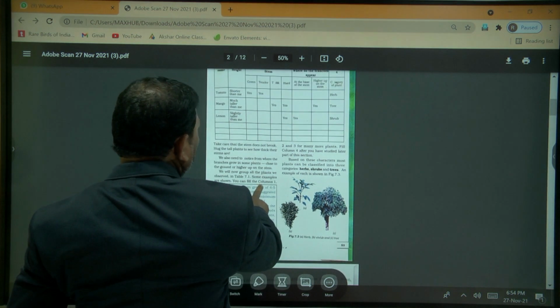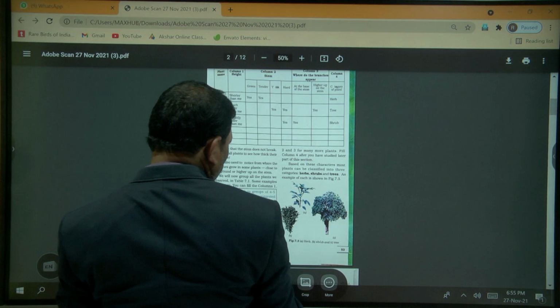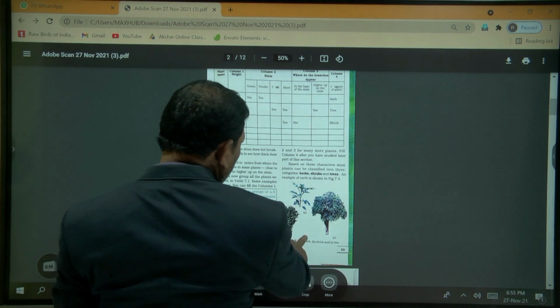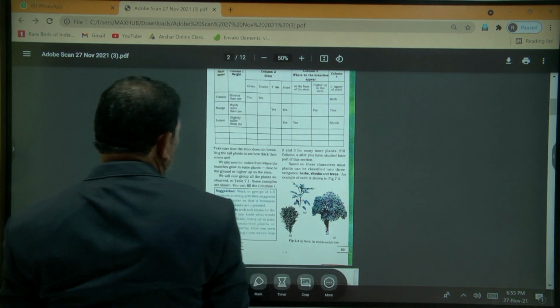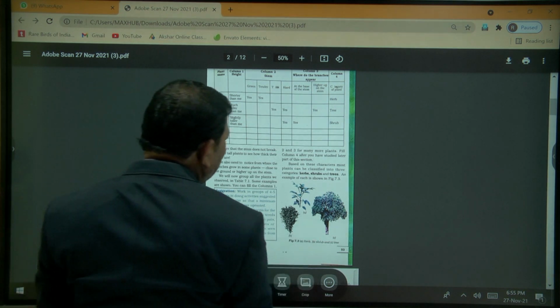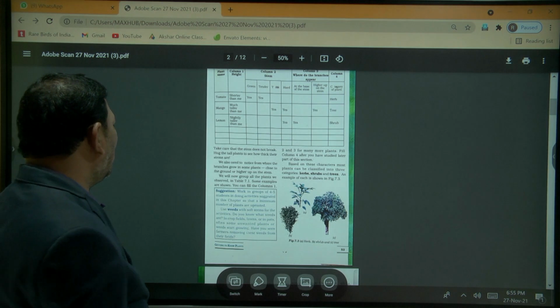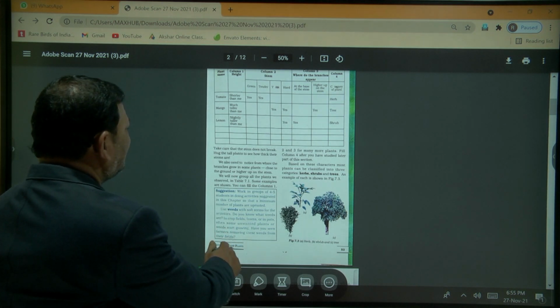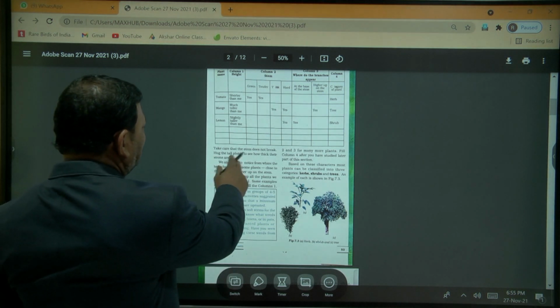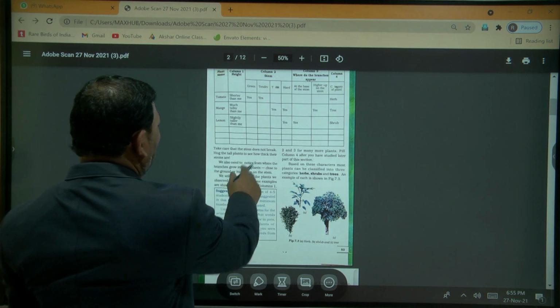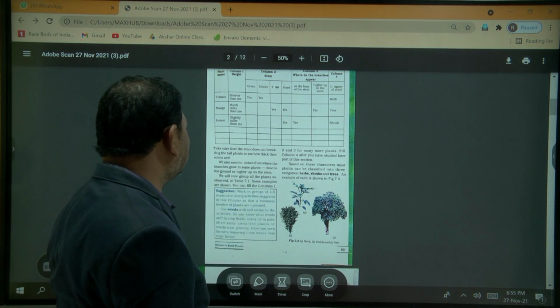The next one, B, is the shrub, that is the lemon plant. C is the tree. Take care that the stem does not break, hug the tall plant to see how thick their stems are.